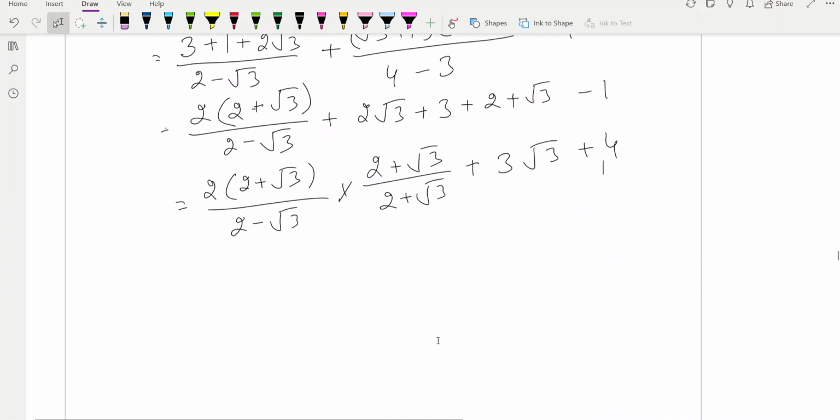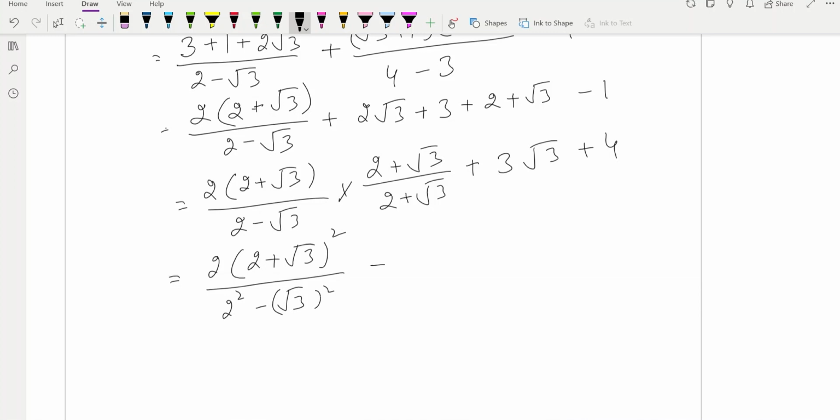Now we can simplify, this will be 2 into (2 + √3) squared over, this will be (a + b)(a - b), so 2 squared minus √3 squared, and plus this will be 3√3 plus 4, and further this lower portion will be 4 minus 3 which is 1.